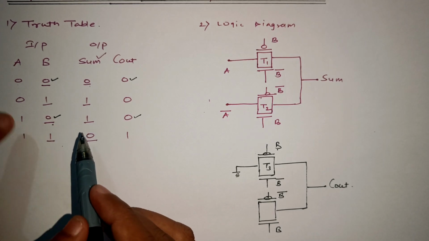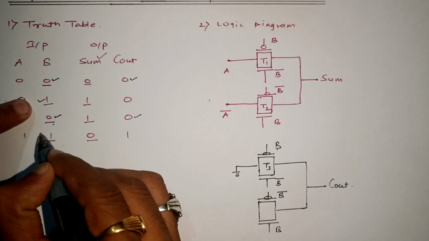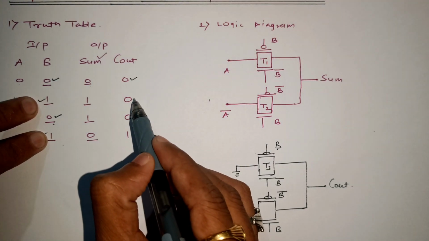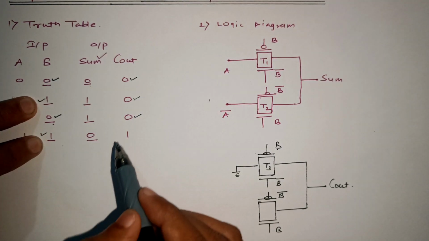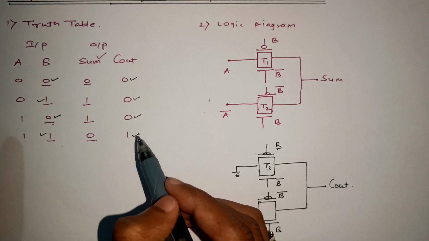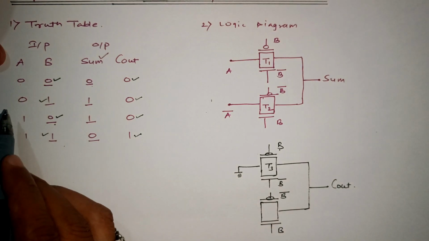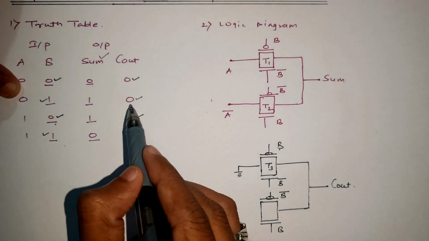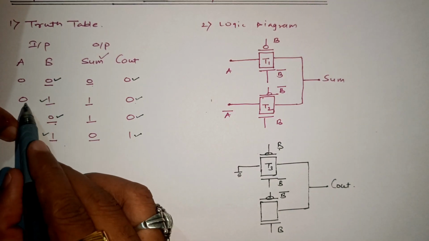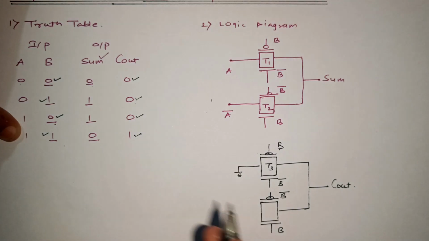Next, when B is equal to 1, we have these two combinations. Now if you see our result, carry here is 0 and in this case carry is equal to 1. They are different, so we have to look at A. Here A is 0, carry is 0. Here A is 1, carry is 1. So we can say A is equal to C out.